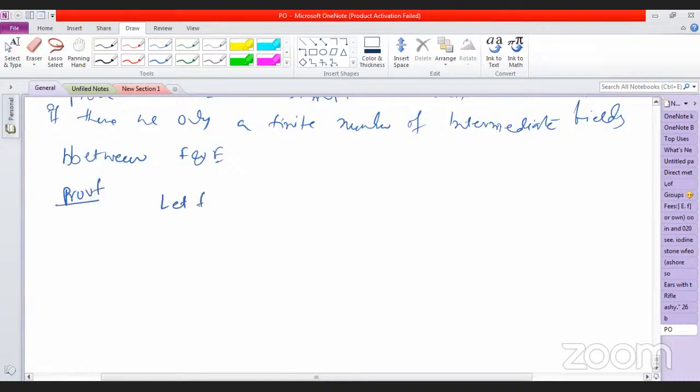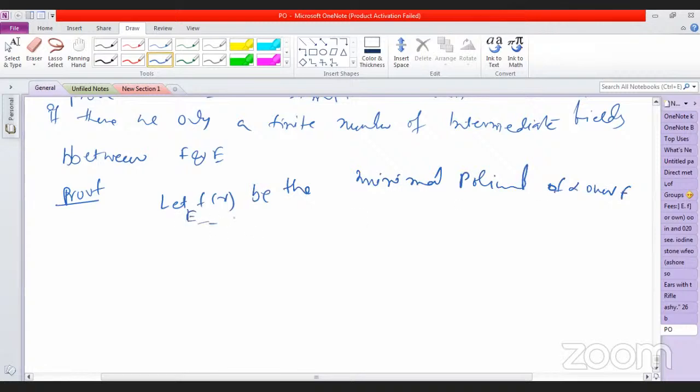Let f of x be the minimal polynomial of alpha over F we are taking here.